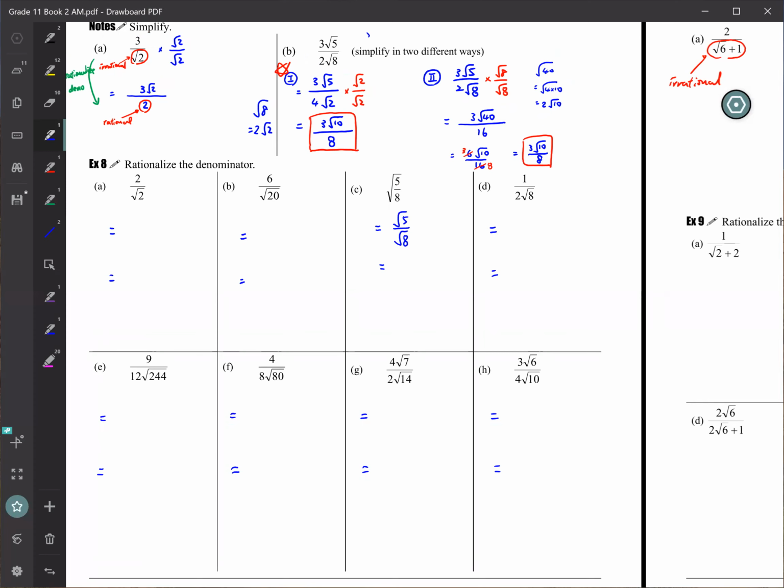Okay, I'll do A, times root 2 over root 2. So that makes 2 root 2 on the top, right? Outside with outside, so the 2 cancels with the 2. So it ends up with root 2, okay?